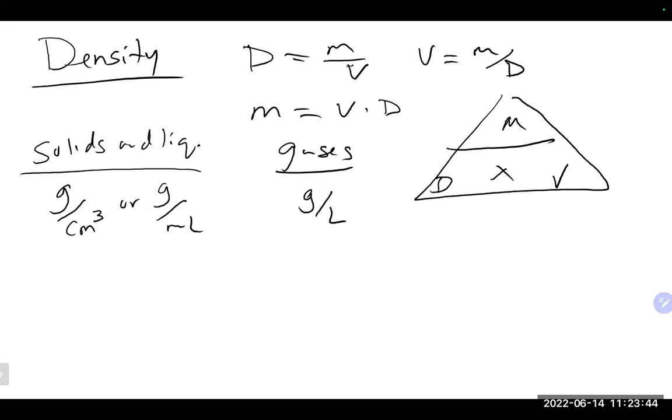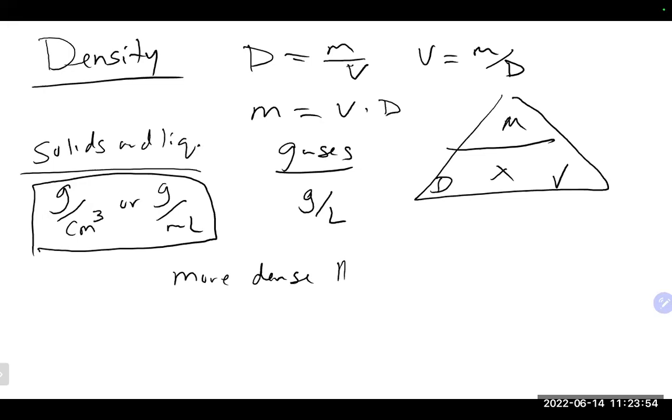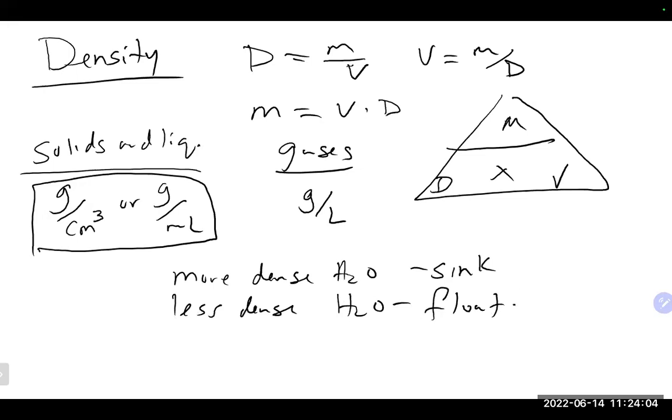But solids and liquids are usually these two, which are very common. If something is more dense than water, it will sink. If it is less dense than water, it will float. In general, the density of liquid water is about 1 gram per milliliter.